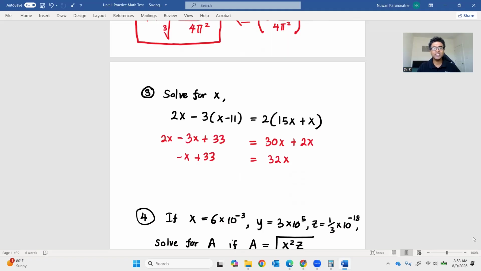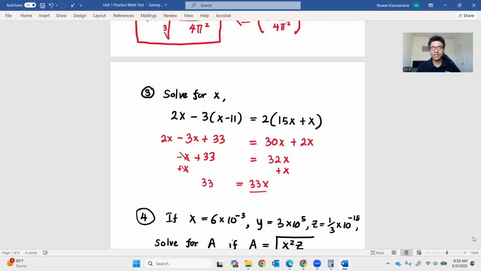So I can take this minus x to the other side, right? Put a plus x, and then also here put a plus x. So then this minus x and plus x cancels out. I have 33 equals 32x plus x, which is 33x.